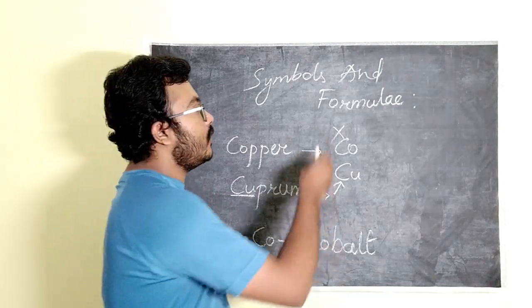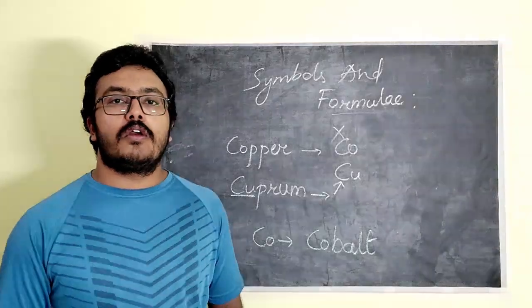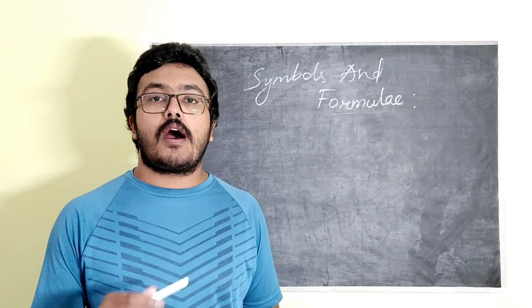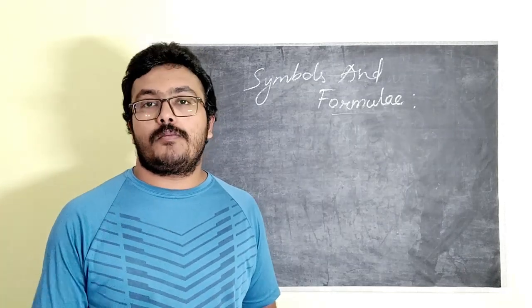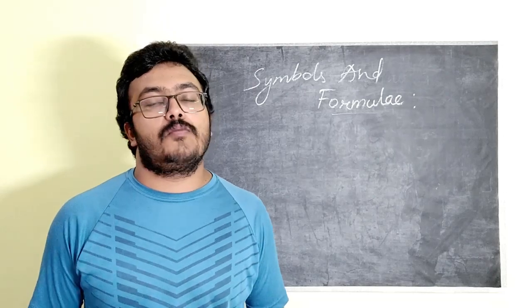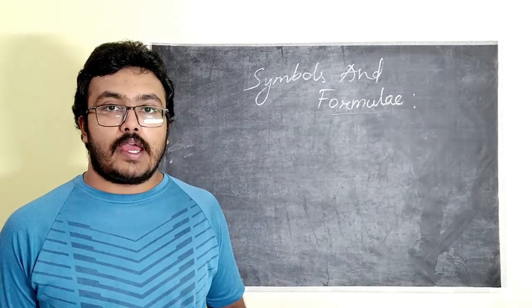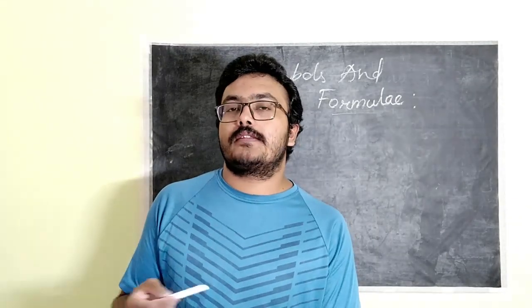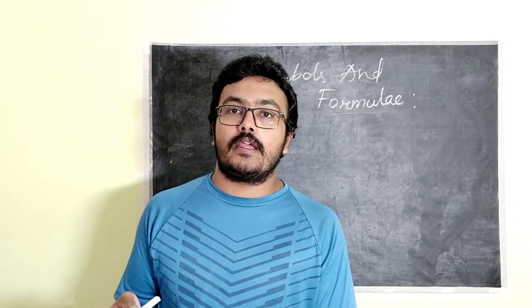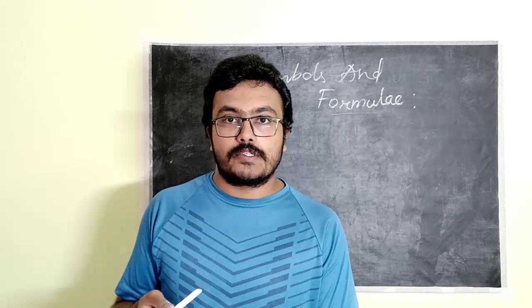Now when we look into the concept formulae, what is a formula? The molecules of an element are always represented by formula. Now when we talk about molecules, we have to understand what is a molecule. In a simple way, molecules are the substances which are formed by the same kind of atoms.